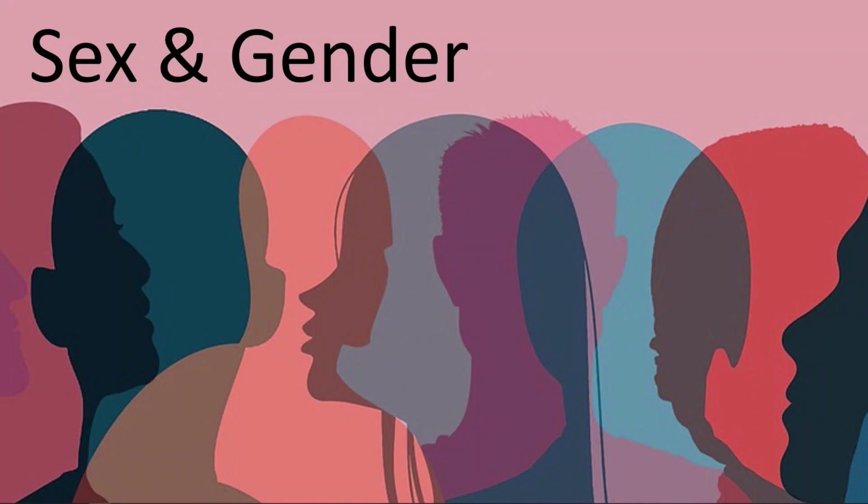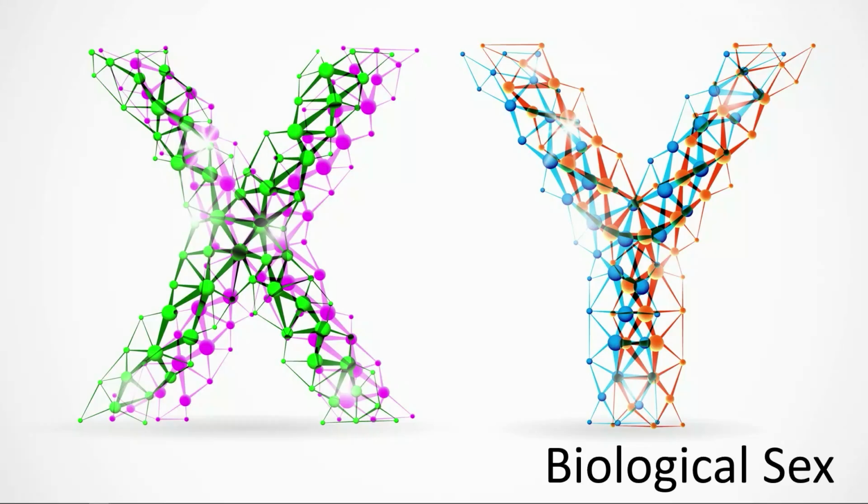So let's go through some straightforward definitions. Biological sex and gender are still often used interchangeably in medical and research papers, and we really need to change that practice so we collect more effective data that is more easily translatable from study to study and field to field.